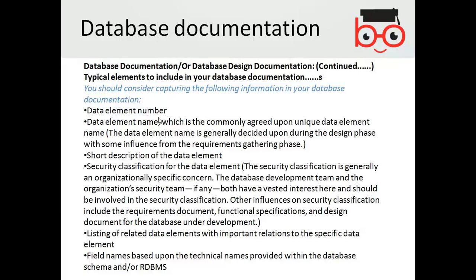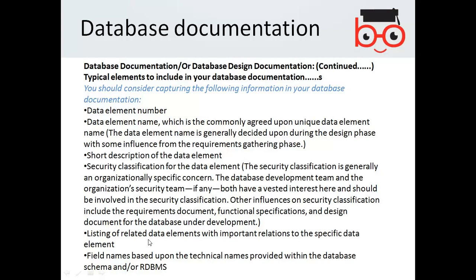So any particular data element should be identified with a data element number. The data element name is the commonly agreed upon unique data element name. It is generally decided upon during the design phase with some influence from the requirements gathering phase. Then a short description of the data element, and the security classification for the data element.